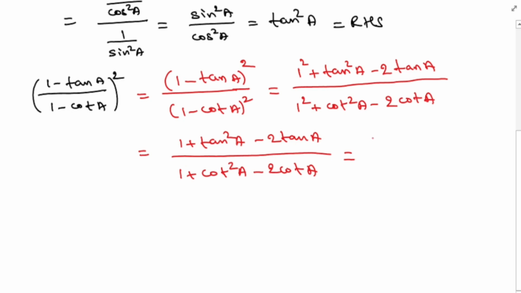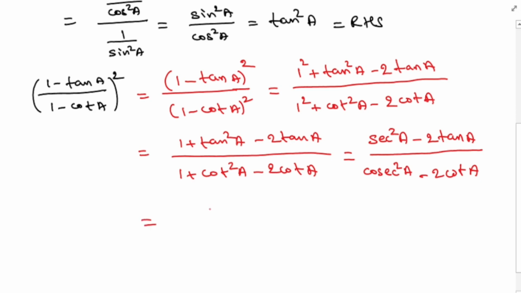1 plus tan square A is secant square A from the identity, minus 2 tan A, divided by 1 plus cot square A, from identity it can be written as cosecant square A, minus 2 cot A as it is.